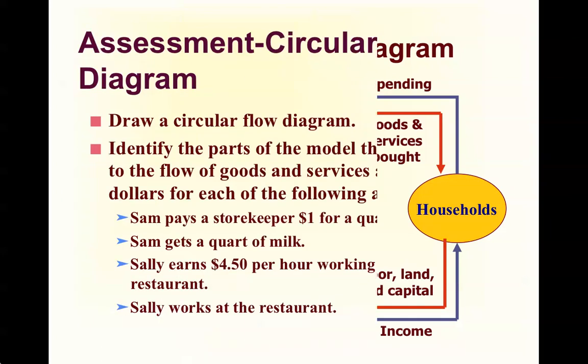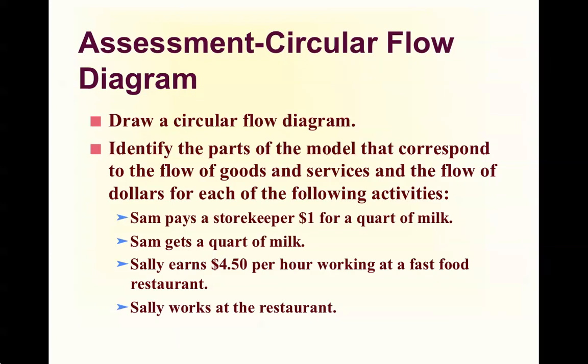Okay, now here's a little exercise that you can do. Draw a circular flow diagram, and you can just look at the one that was in the previous slide. You can draw it with the firms and households and the markets and how they interact. Now identify the parts of the model that correspond to the flow of goods and services and the flow of dollars for each of the following activities.